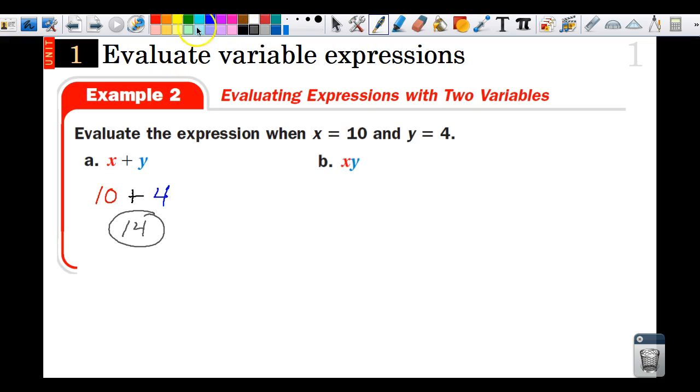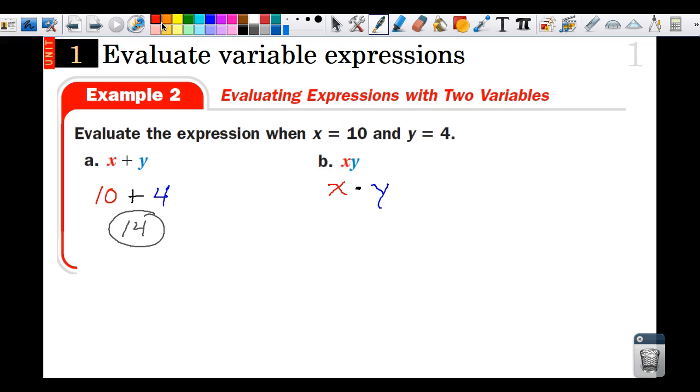You'll notice over on the right side in part B that I have x, y with nothing in between. They're just kind of saddled up next to each other. What that means is that I am multiplying. So really I can rewrite this expression as x multiplied by y. You'll see that often in algebra, that when we want to multiply, we sometimes don't write the multiplication sign, because we're lazy and it just takes more time to write the dot.